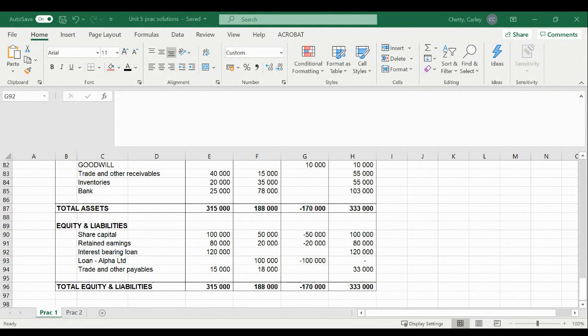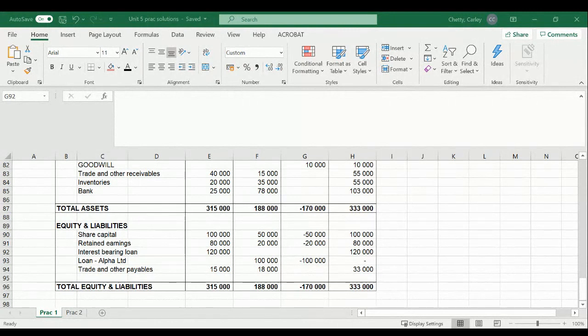So we're going to go alpha of 120,000 Rand. So this interest-bearing loan will be shown in its separate financial statements of alpha, and then we are going to add it into the consolidated financial statements.